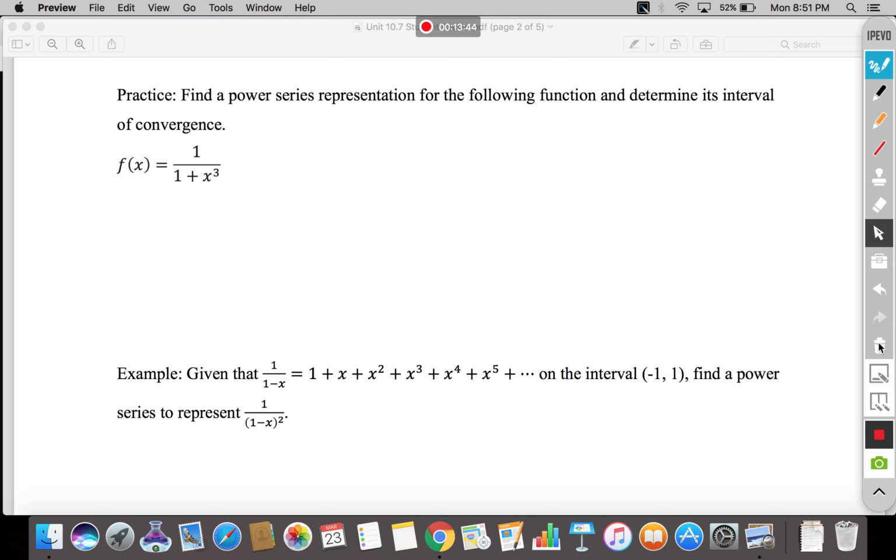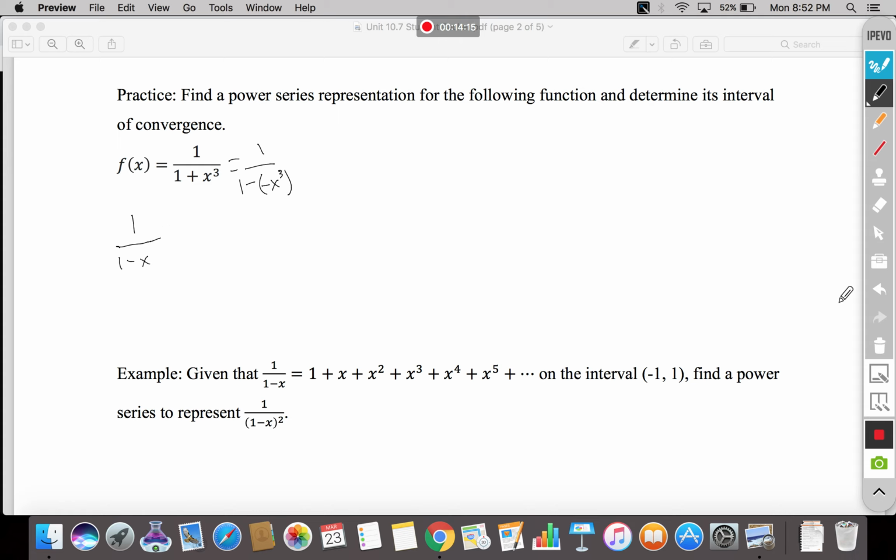So let's see. We want to do some rearranging here to make it look like something familiar. We can say this is really the same thing as 1 over 1 minus negative x cubed. Because we want to try to compare it, if possible, to that thing we already know, which was 1 over 1 minus x, because we know how that looks now.